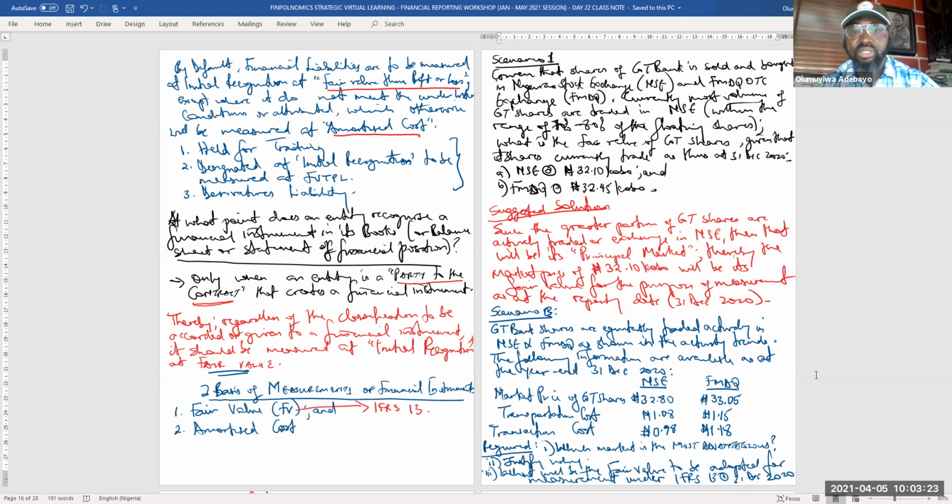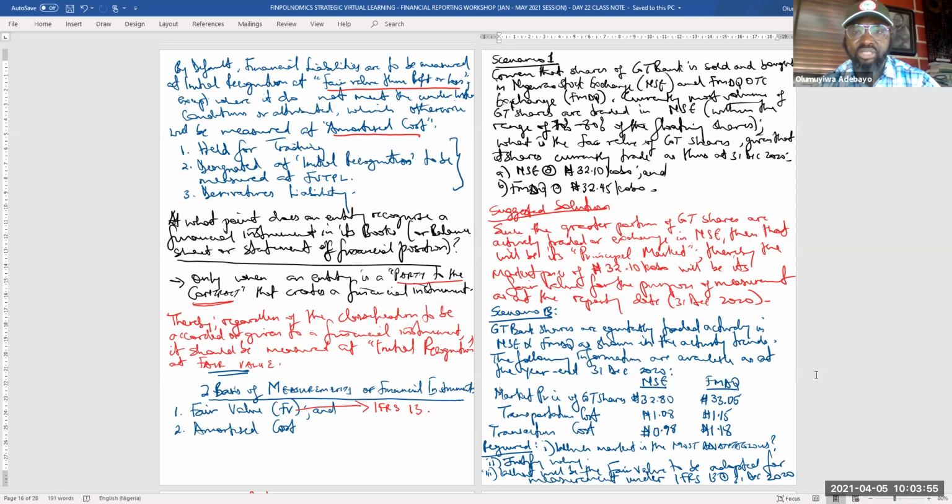In the last session, on Saturday, the 3rd of April, we discussed fair value as the price viewed from the exit price: a price at which an asset can be sold or a liability can be transferred in an orderly transaction involving market participants, taking into consideration the measurement date.